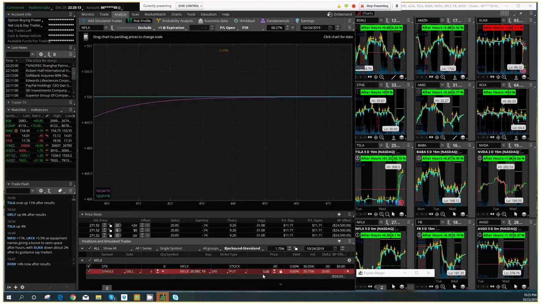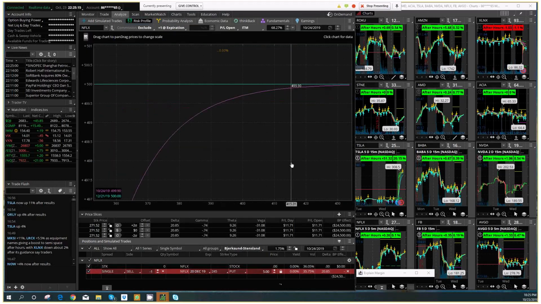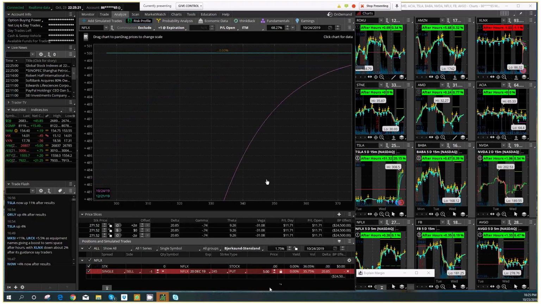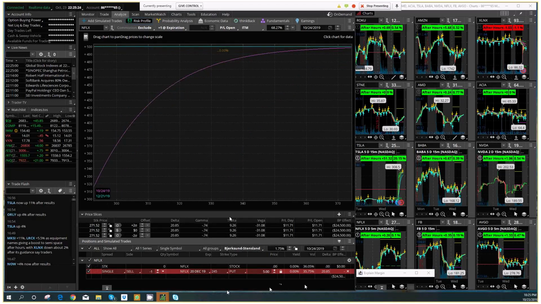Risk profile here: if I sell this put, I can make $500 if the stock never goes down there, or I will have losses below this. So what people do sometimes is they will sell this put where they want to buy the stock. It's kind of a win-win in that scenario, because if the stock never goes to 245, you get $500 just for doing this.